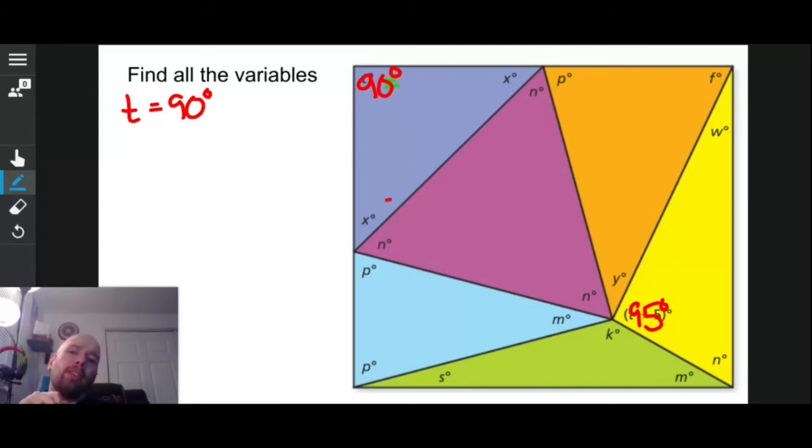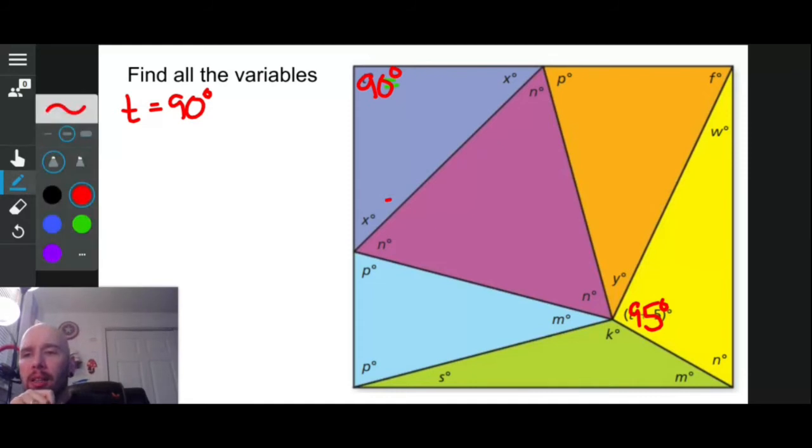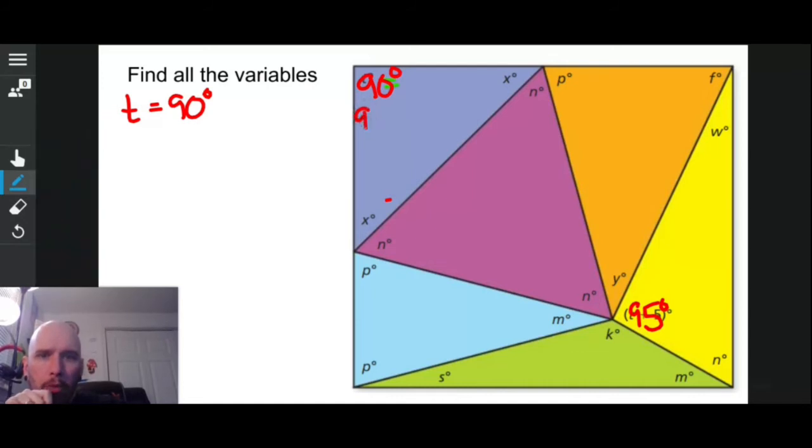I can use the fact that since T is 90, I have 90 and 2x's all adding up to 180. So I can say 90 plus 2x is 180. Waving my hands a little bit, I could subtract 90 from both sides. 2x is going to equal 90.